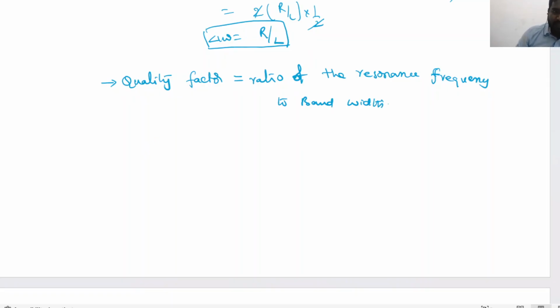Already we know that the resonance frequency you can take as omega naught, divided by the bandwidth, which you can take as delta omega.